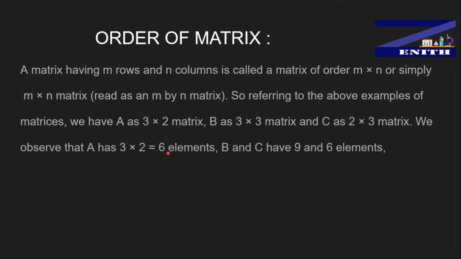It means if you have a matrix of 3 cross 2 order, you can say that it is going to have 6 elements. After that, B has 9, and C, 2 into 3 is equal to 6, so 6 elements. This one was all about the orders.